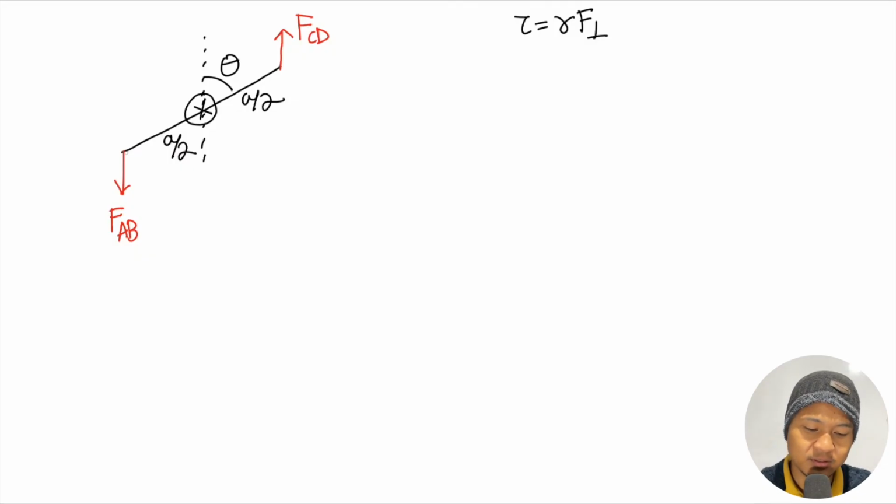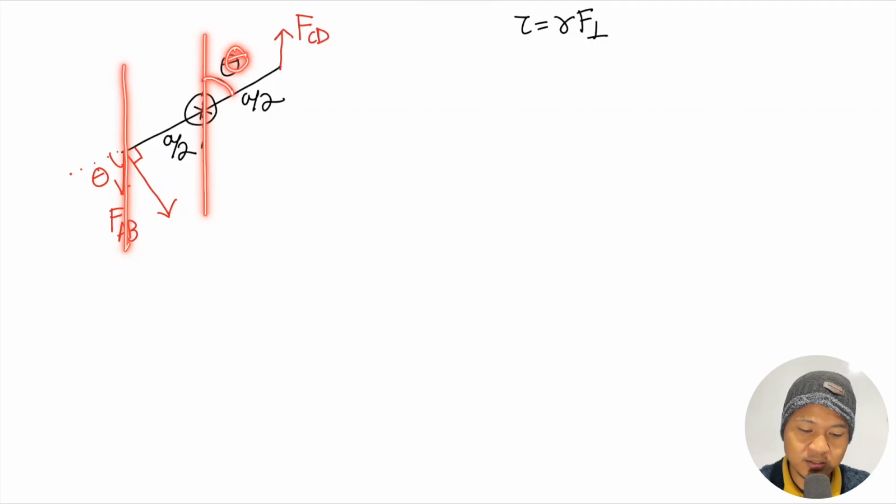One component of F is like this, perpendicular to a by 2. Here this angle will be theta. If I draw like this, this is theta, so this is also theta.